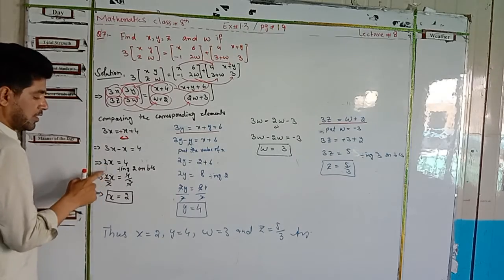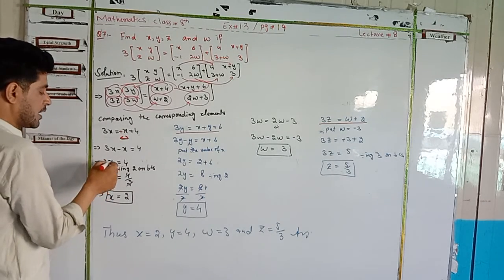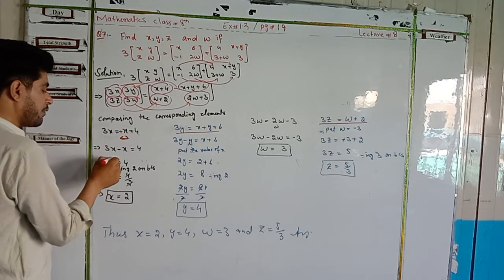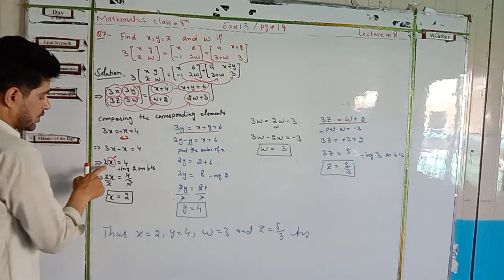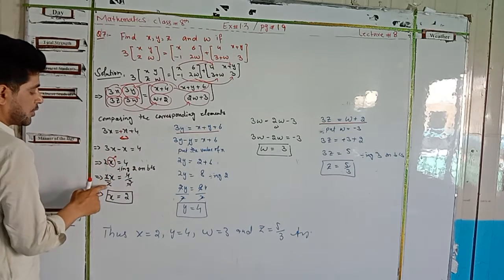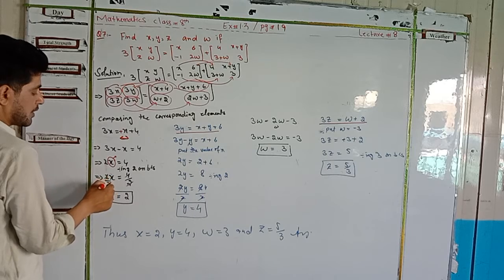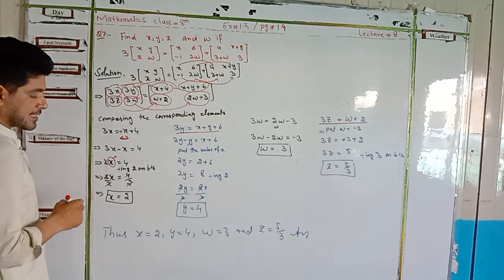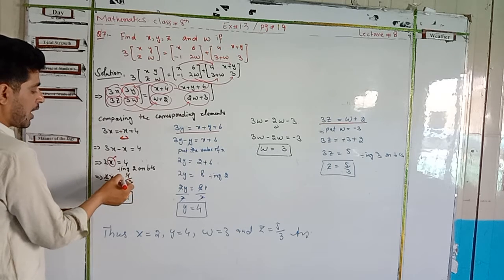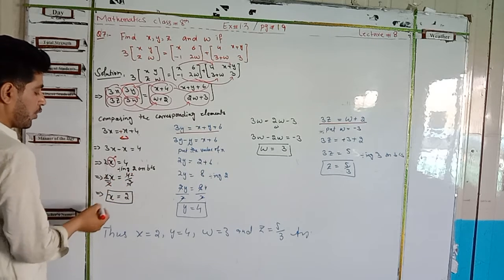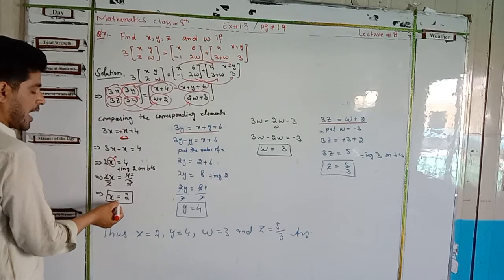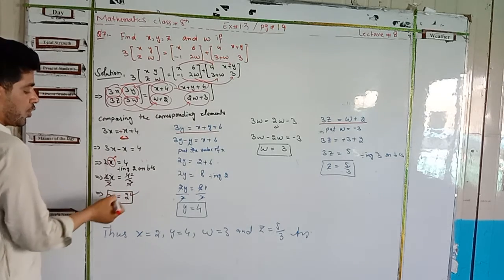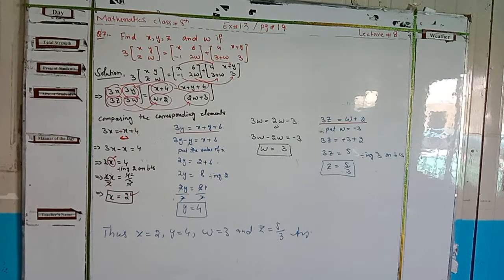Now we divide by 2 on both sides because we require x. The 2 cancels with 2, and 4 divided by 2 is 2. X is equal to 2. So the value of x is 2.